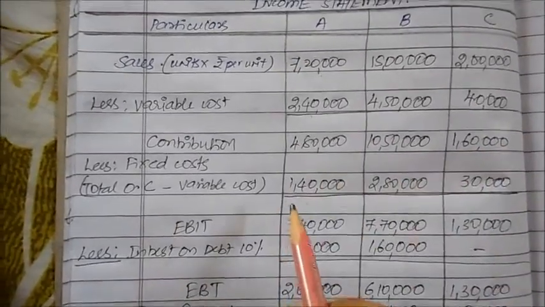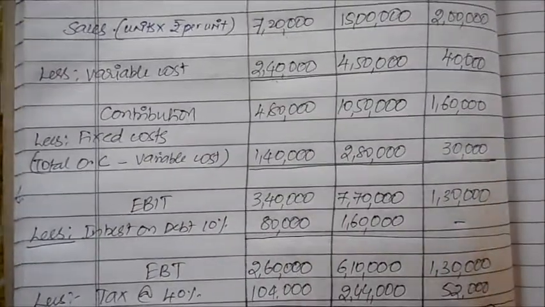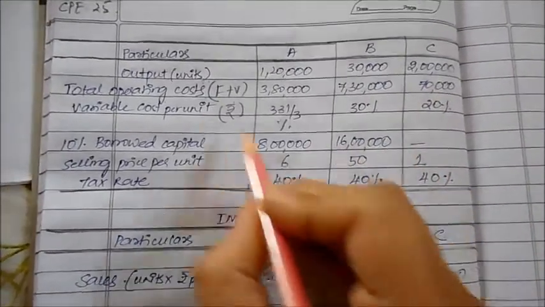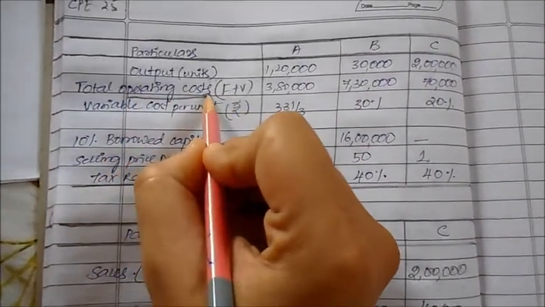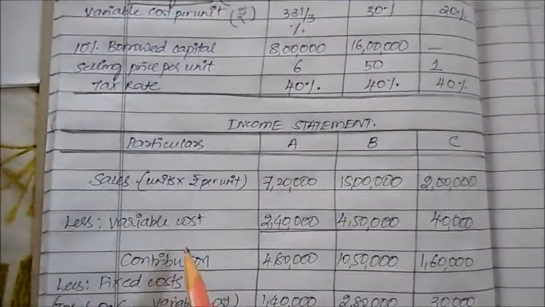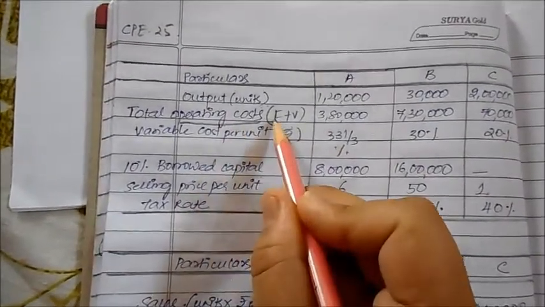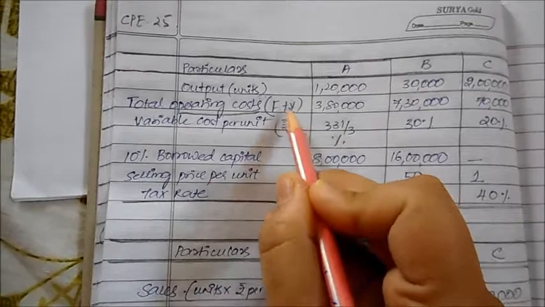Next, the major important point, the only catch in this particular question is that fixed cost is not clearly given in the question. If you have to find it out, the most important key is total operating cost. We've already found out variable cost, and operating cost basically means fixed cost plus variable cost both put together.